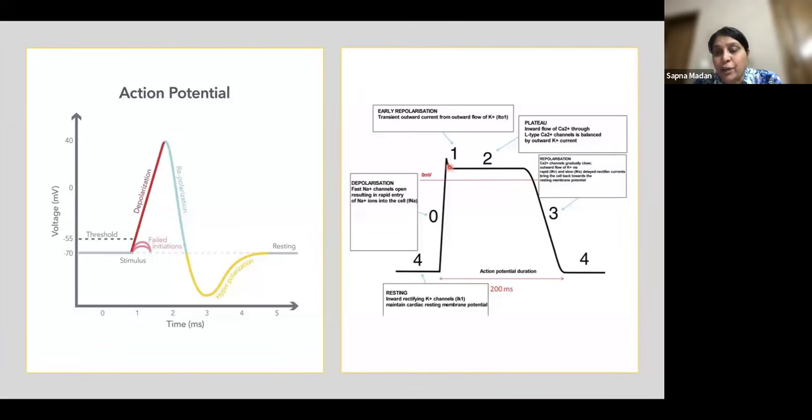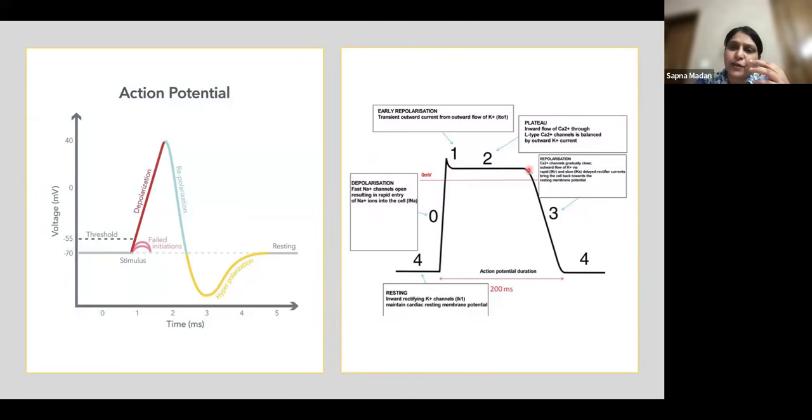so it will get a little bit repolarized, but before it can come back to its resting membrane potential, the calcium channels decide to open up, thankfully, and the calcium will start coming inside. So instead of the potassium flowing out too much, the calcium starts coming inside, thus maintaining the positivity of the intracellular membrane, and then this plateau phase will happen.